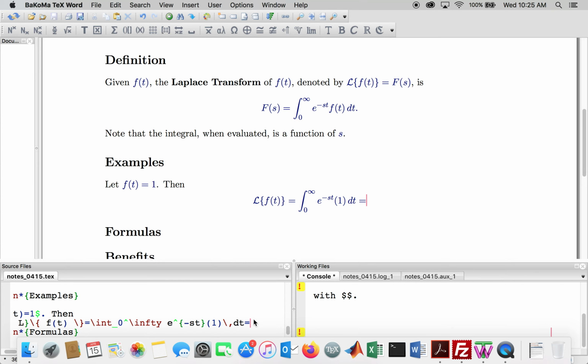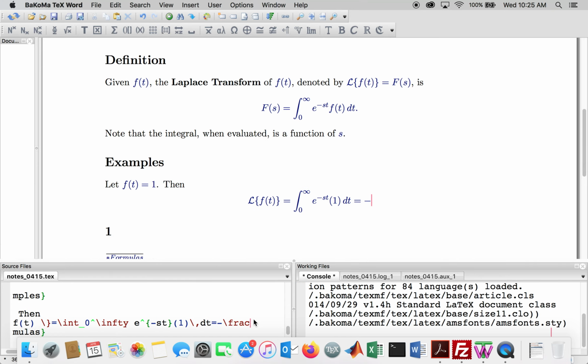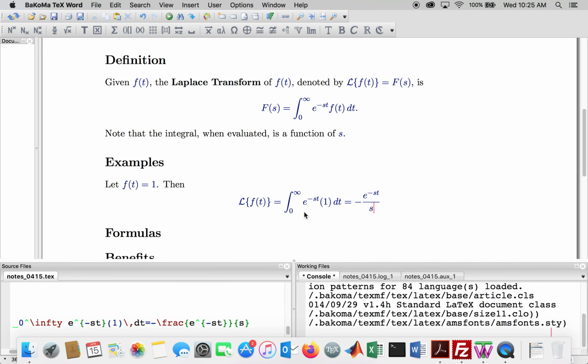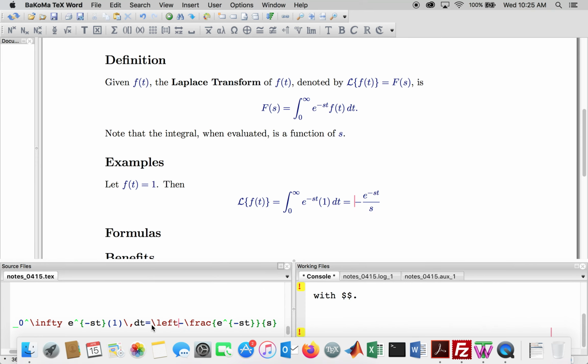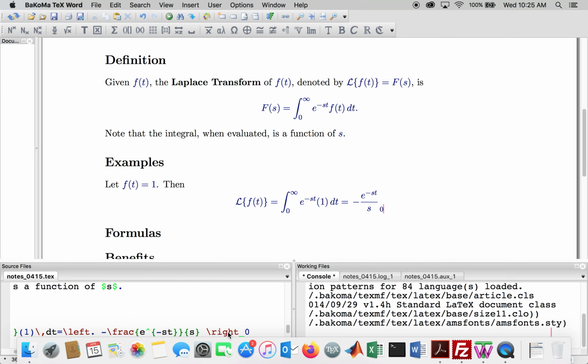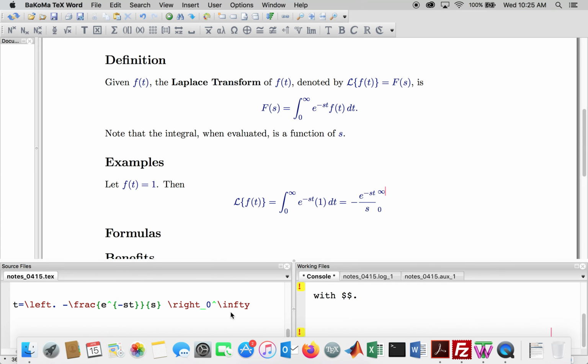So that's going to be minus e to the minus st over s, just from working out the integral with respect to t. And remember, when you integrate an exponential function, where there's a constant times your variable, you must divide by that constant. In this case, the constant is minus s. And we have limits. This is a definite integral. So we have a vertical bar here that indicates these are the limits that we plug in.